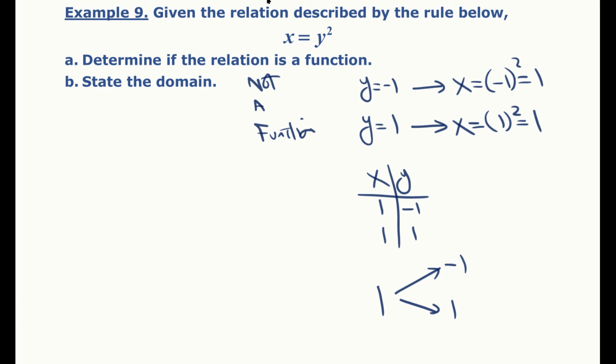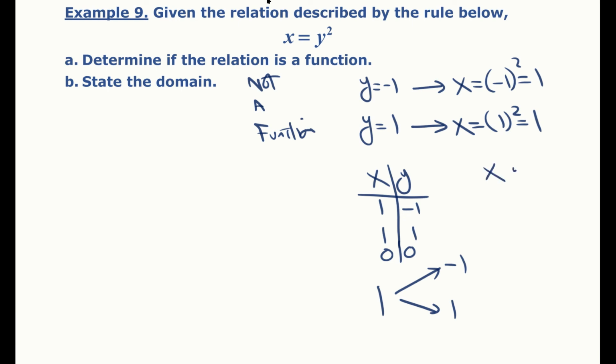All right, as far as the domain, remember the domain is the set of all the x values, right? And since x is the square of y, notice that regardless of the y value, the x value is never going to become negative. The worst case scenario is that it may become 0. For example, when y is 0, notice that x is going to be 0 squared, which is 0. But if you plug in any other value for y, you're definitely going to get a positive value for x.